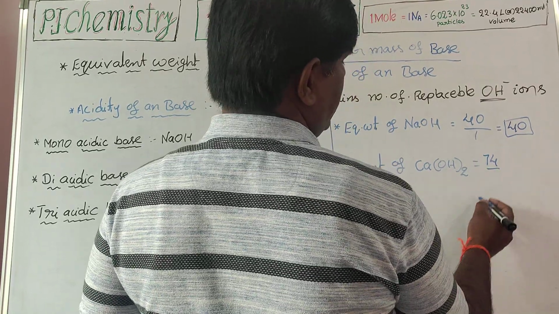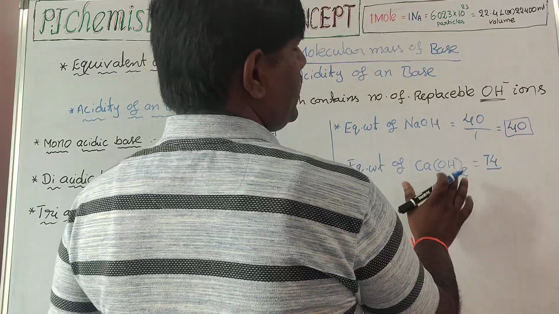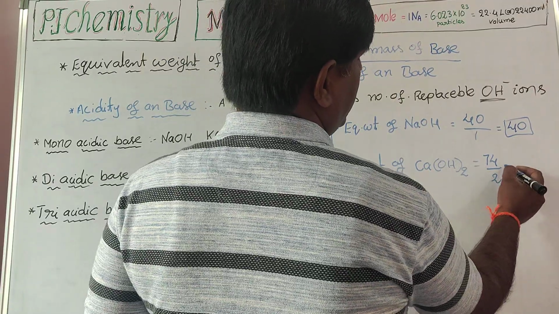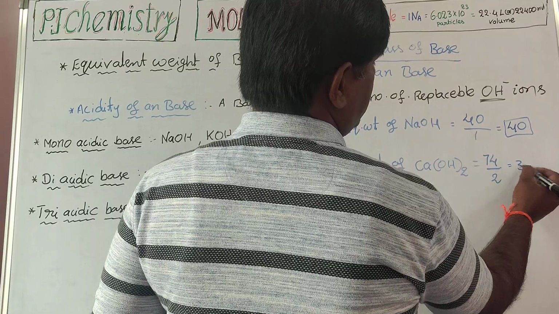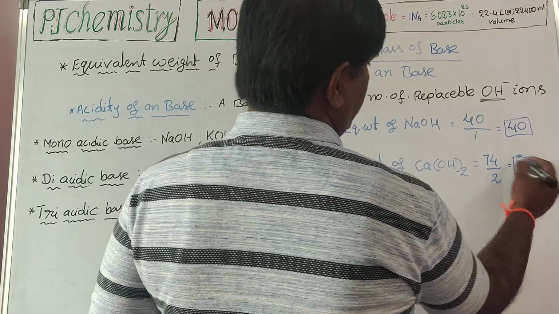The molecular mass of calcium hydroxide is 74, and how many OHs are there? 2 are there. So its acidity of base is 2. Simplify, 37 you will get.